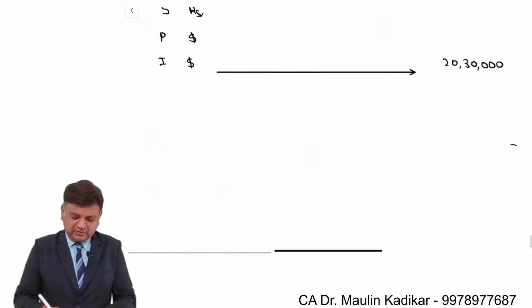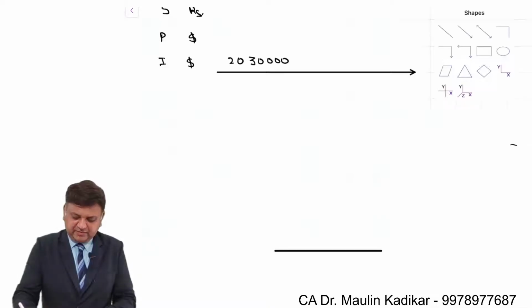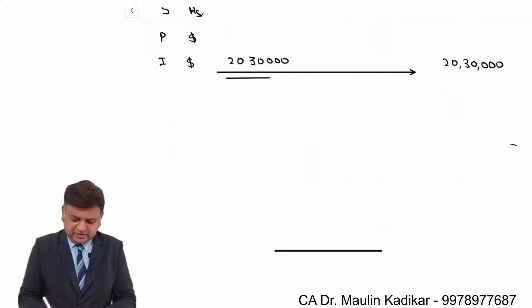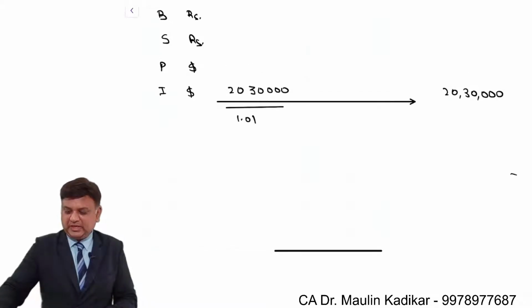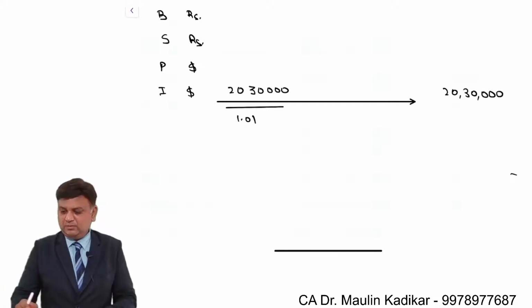So the amount of dollar to be invested right now is 20,30,000 divided by 1.01. So it comes to 20,09,900.